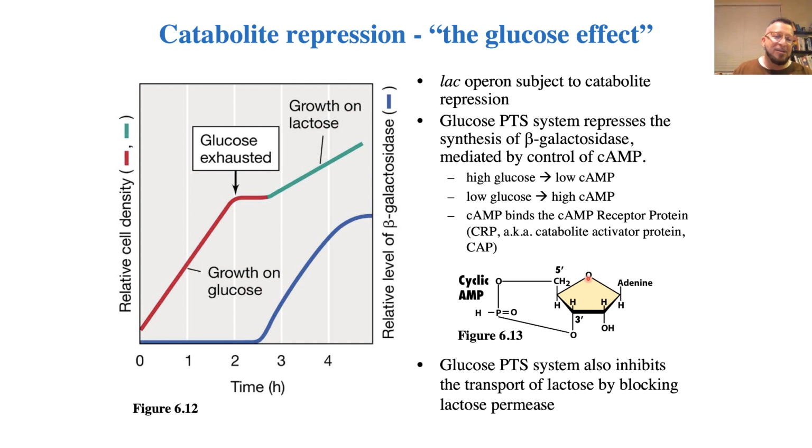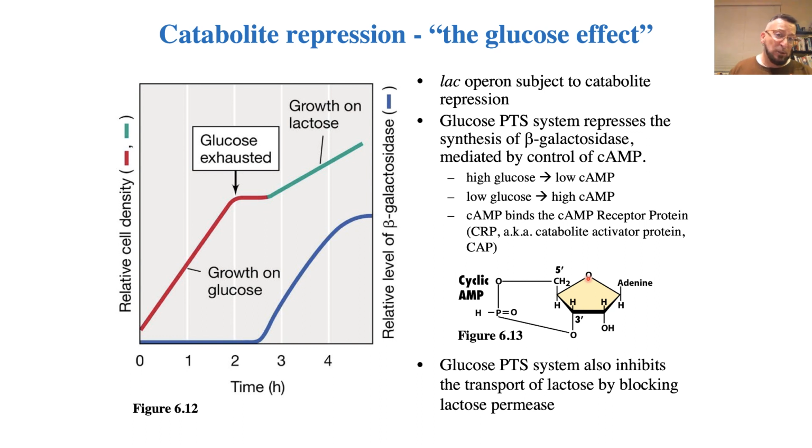And the PTS system is going to activate or inhibit that protein. When glucose is high, it inhibits the adenylyl cyclase, and therefore we have a low amount of cyclic AMP. When glucose is low, the inhibition doesn't happen anymore, and the adenylyl cyclase is now active and can produce high levels of cyclic AMP.